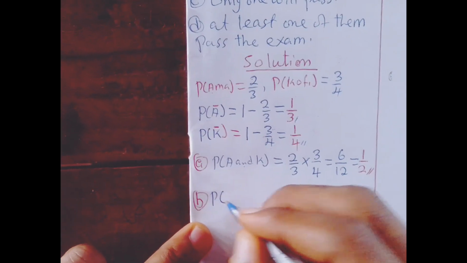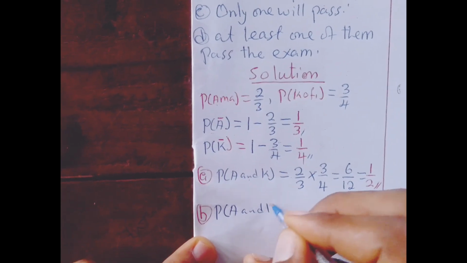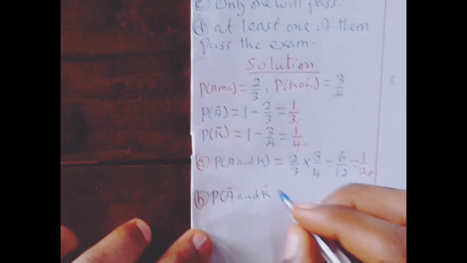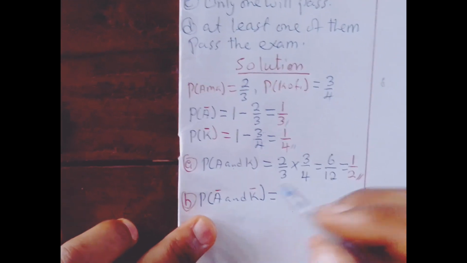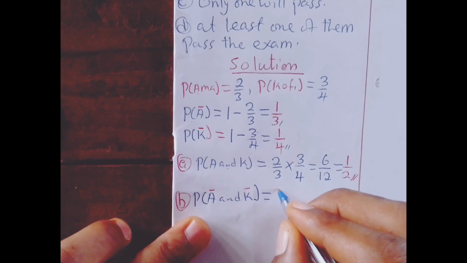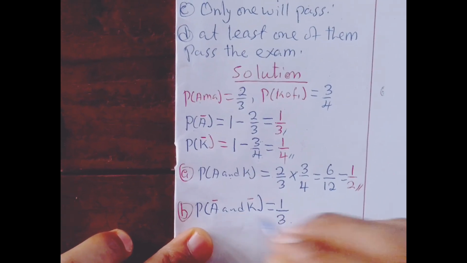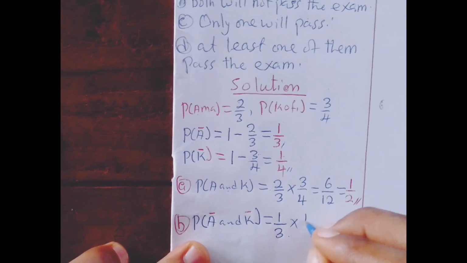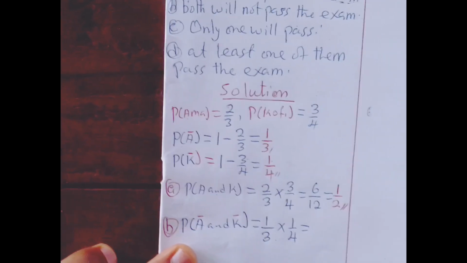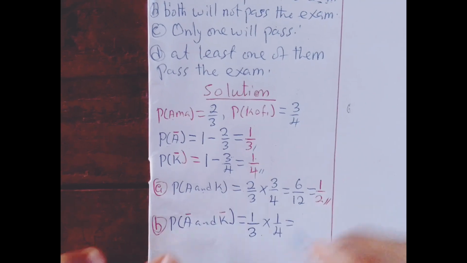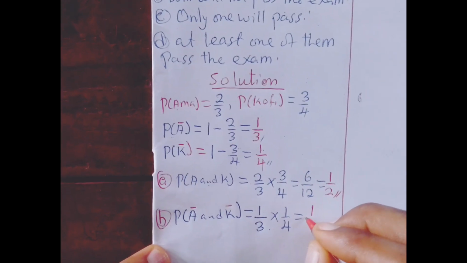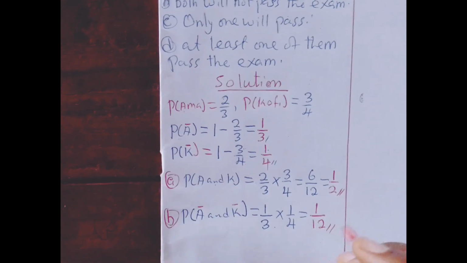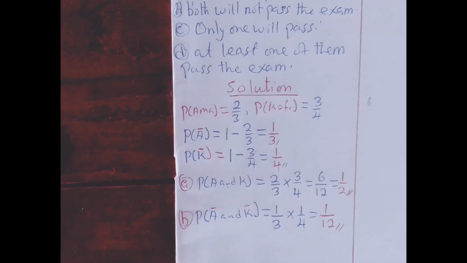So the probability that Amma and Kofi will not pass, and if you see this sign, it means they will not pass, is equal to, what's the probability that Amma will not pass? 1 out of 3. And means times. What's the probability that Kofi will not pass? 1 out of 4. So let me now multiply. 1 times 1 will give me 1, divided by 3 times 4, which gives me 12. So the probability that both will not pass the exam is 1 out of 12.